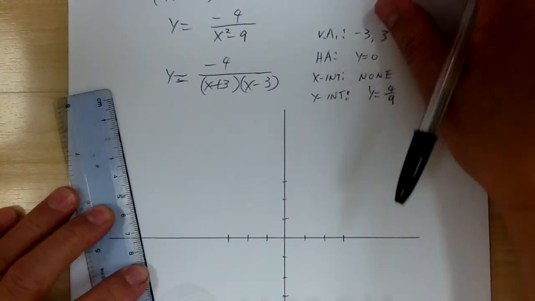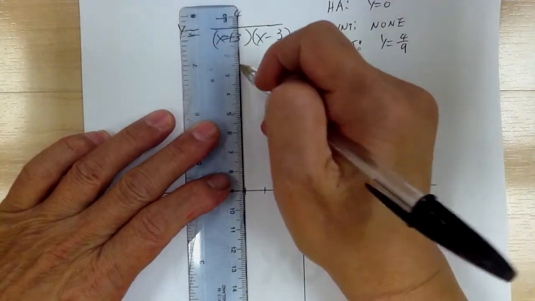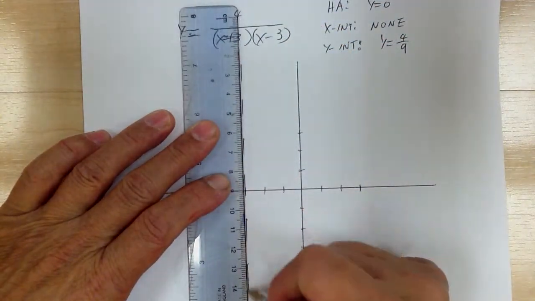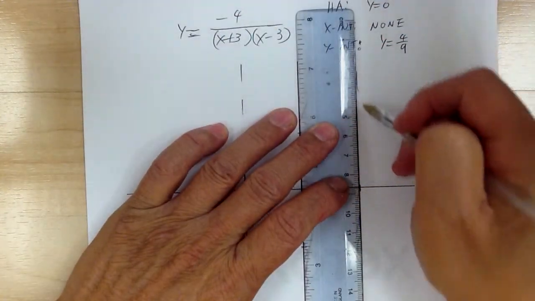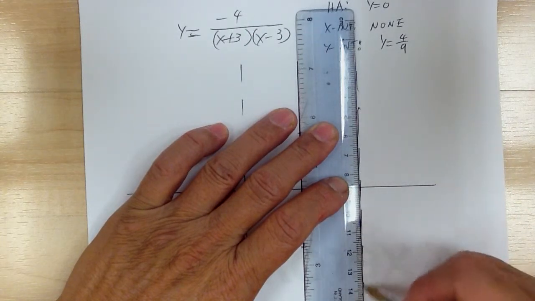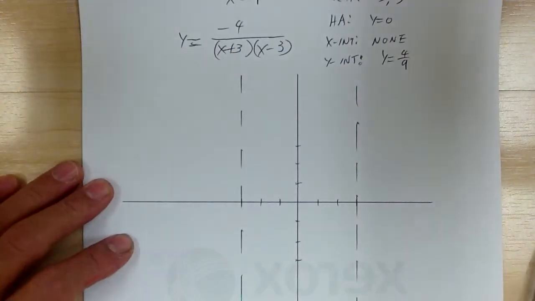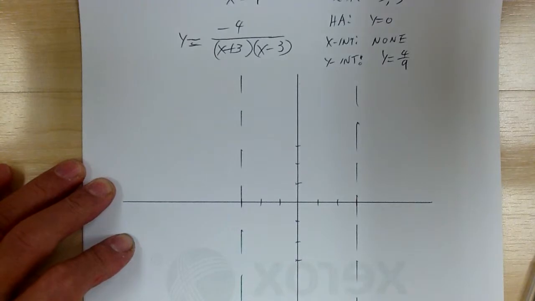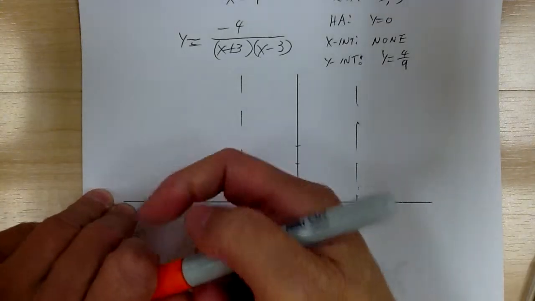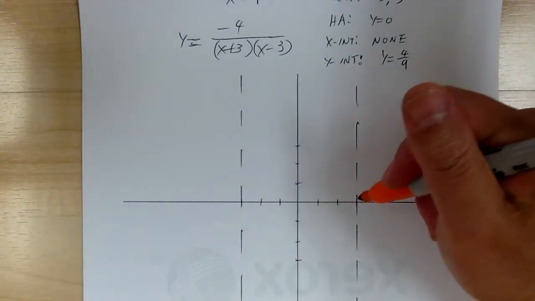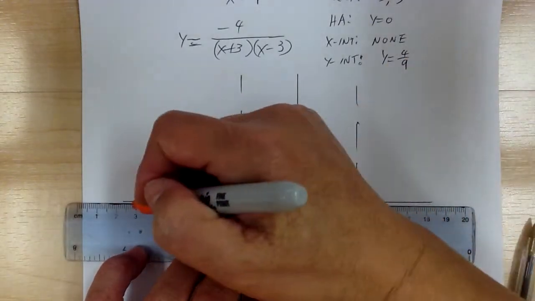So vertical asymptote is -3, +3. Horizontal is y equal to 0. I'm going to use a different color because this is hard to see.